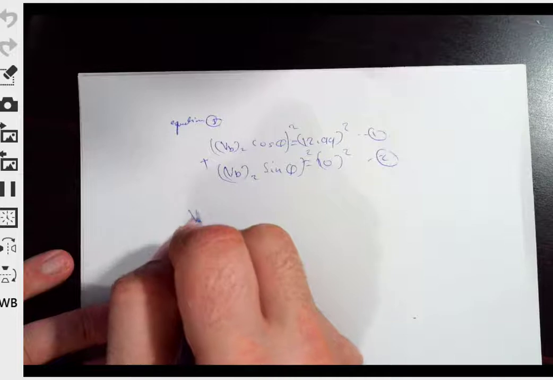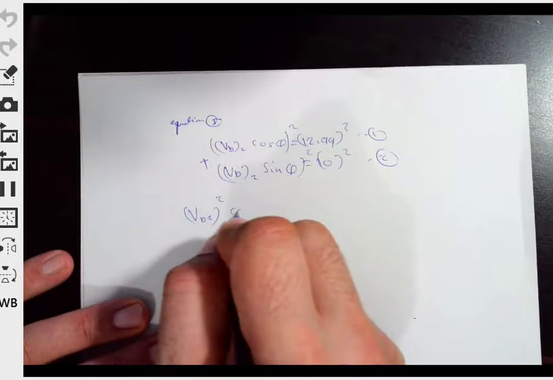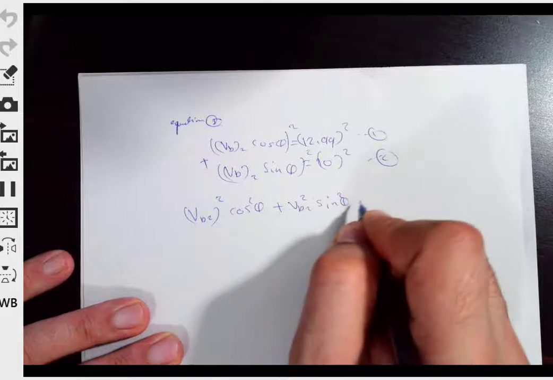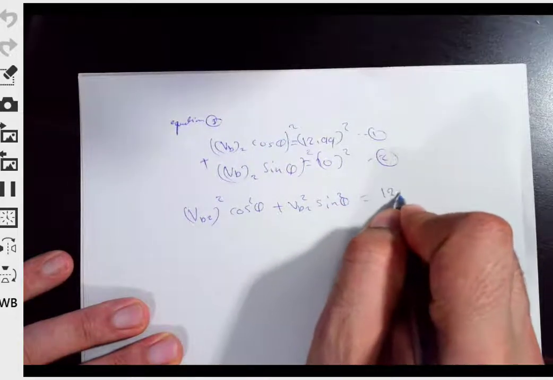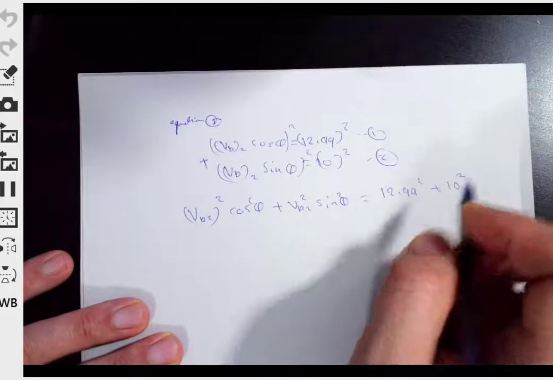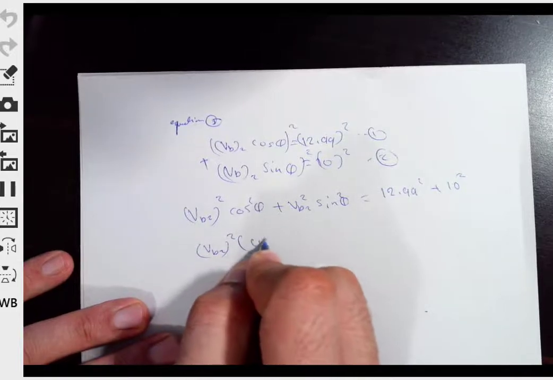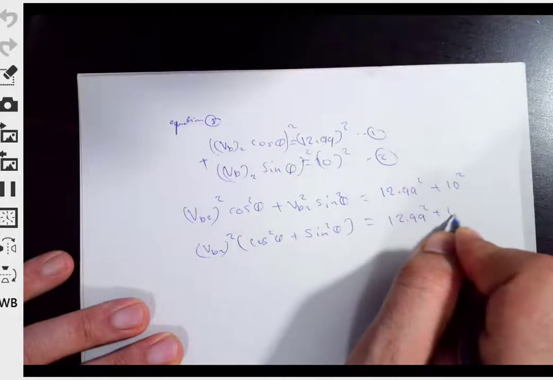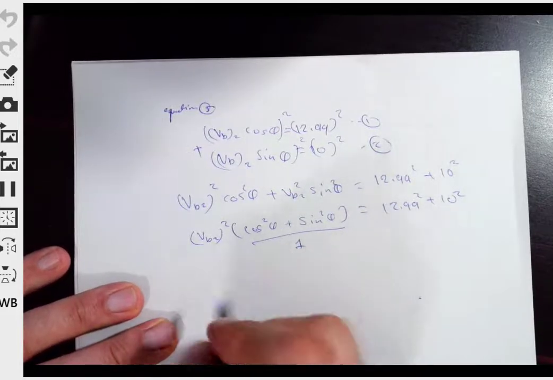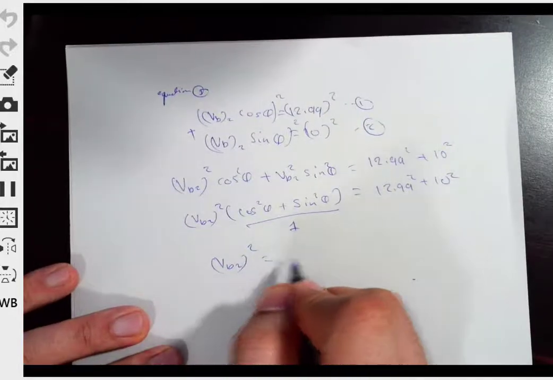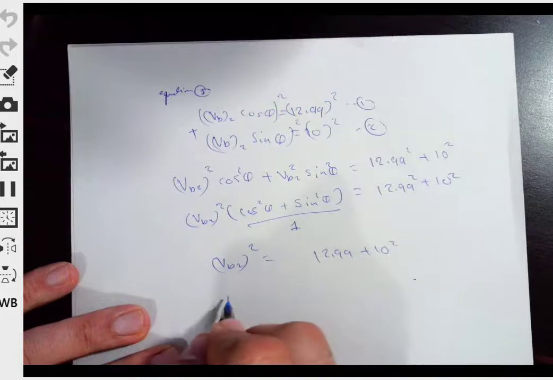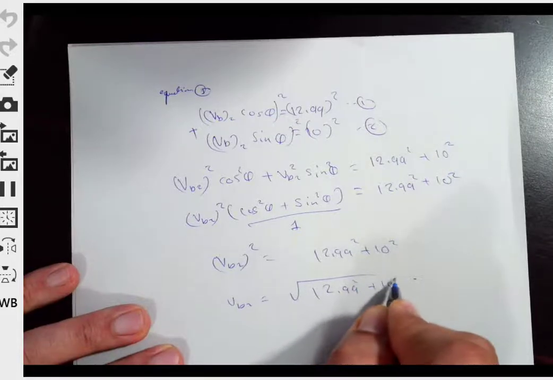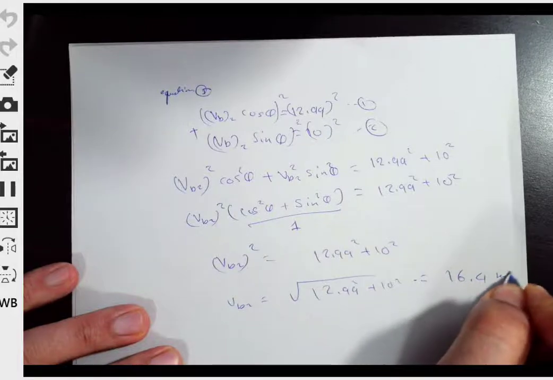You get VB2 squared cosine squared theta plus VB2 squared sine squared theta equal to 12.99 squared plus 10 squared. So VB2 squared times cosine squared theta plus sine squared theta equals 12.99 squared plus 10 squared. From trigonometry, this is equal to 1, so you end up with VB2 squared equal to this amount, and then you square root it. 12.99 squared plus 10 squared gives you 16.4 meters per second.